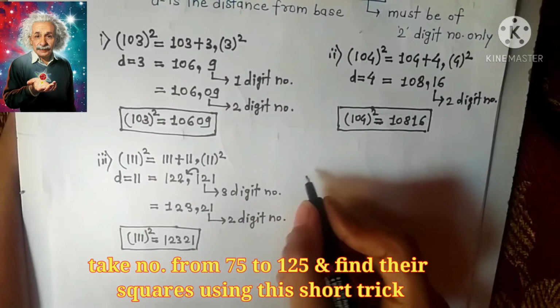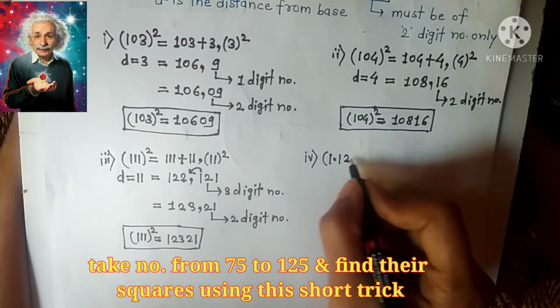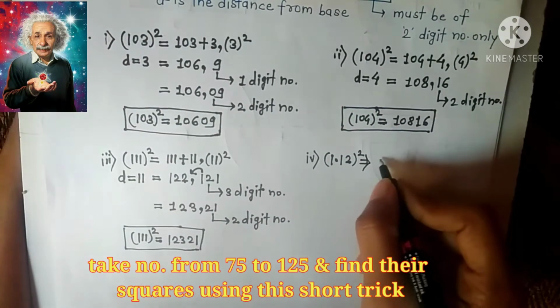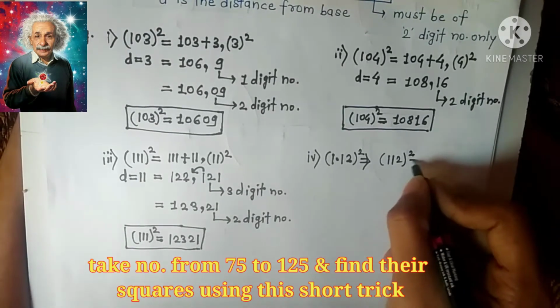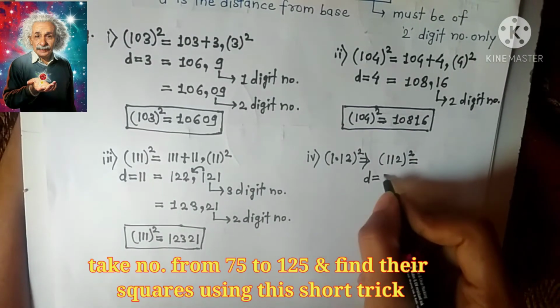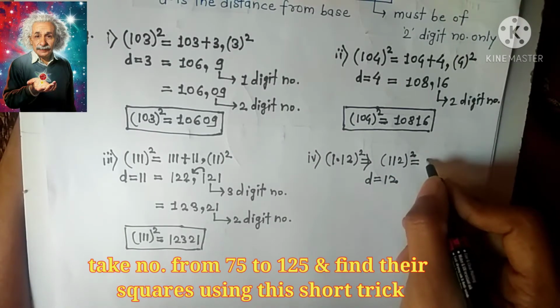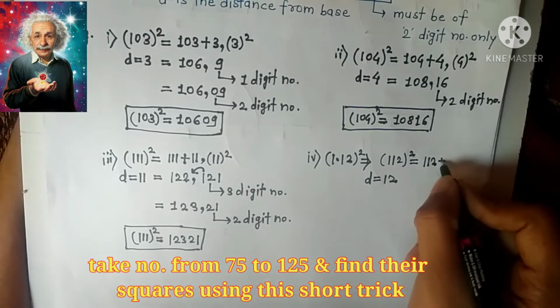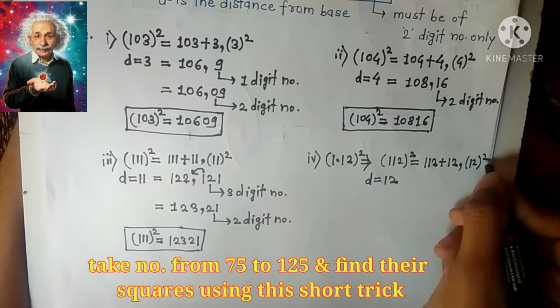Now, if we have to find the square of 1.12, then first we find the square of 112. Here the value of d is 12. So 112 square is equal to 112 plus 12 comma 12 square.